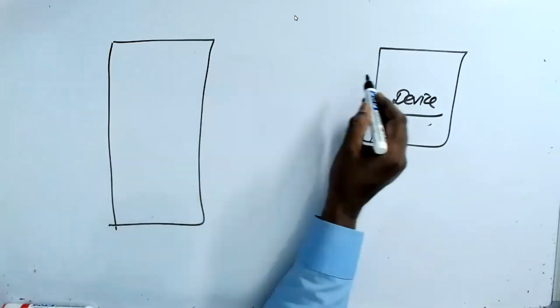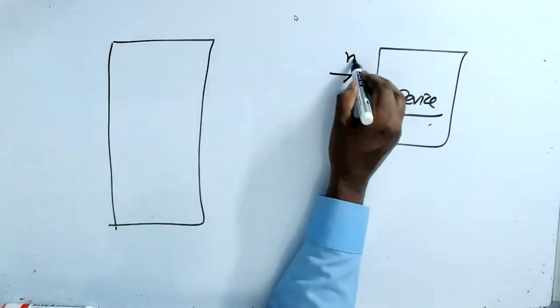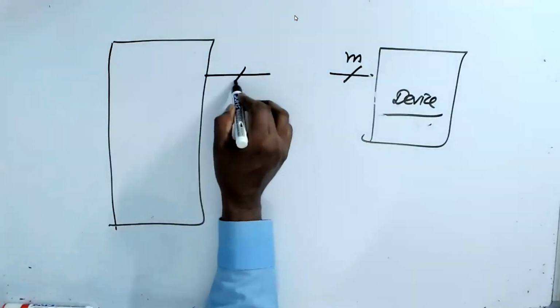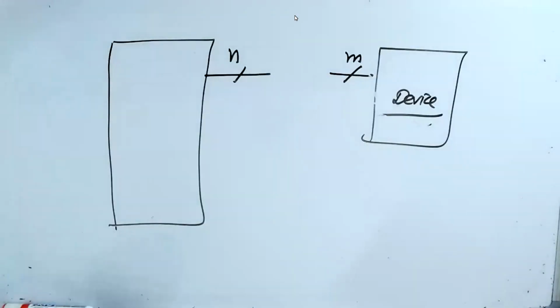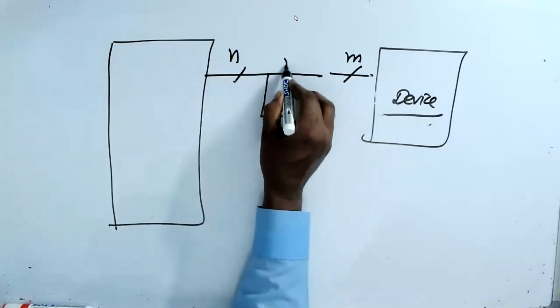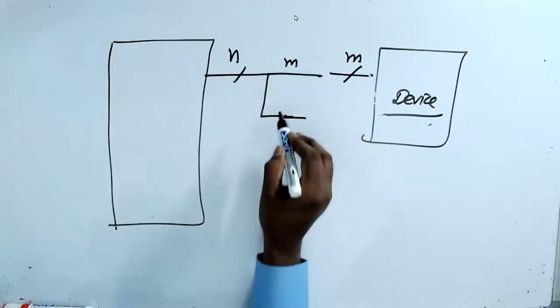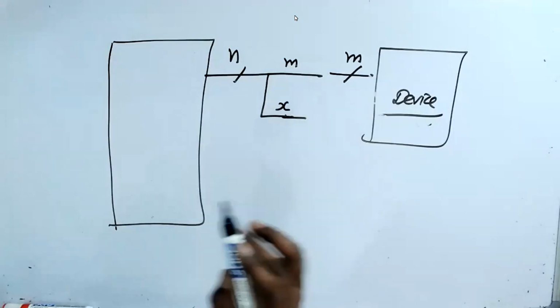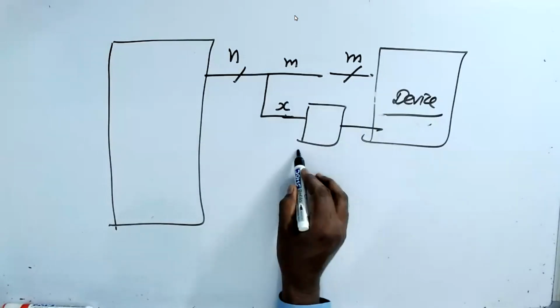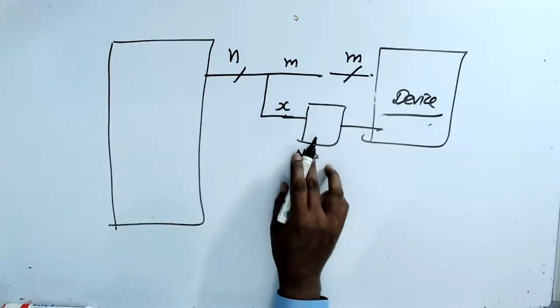Whatever memory this device has, its address lines number M, and whatever the microprocessor is giving here is N. This N will be divided into 2 groups, M plus X. X will be used for naming logic or select logic.